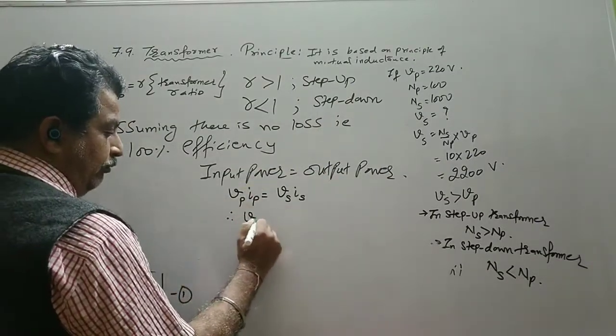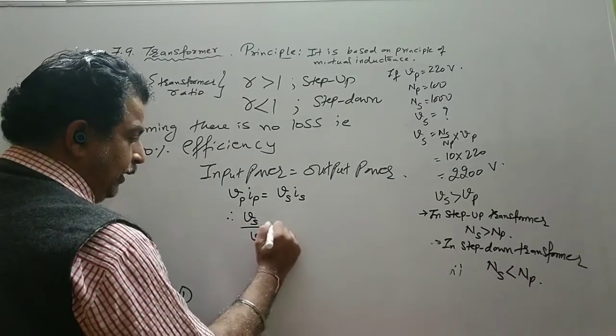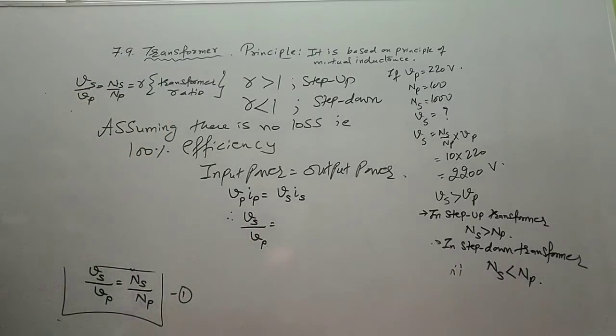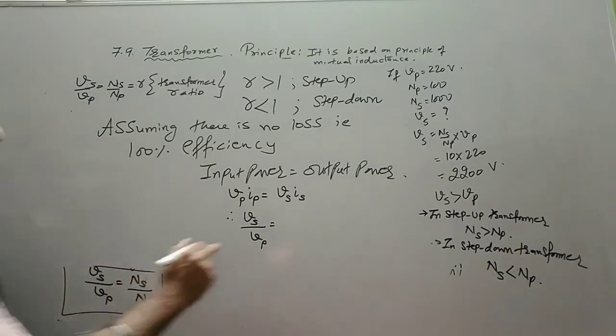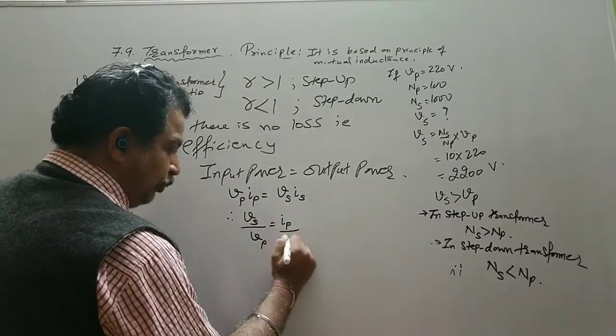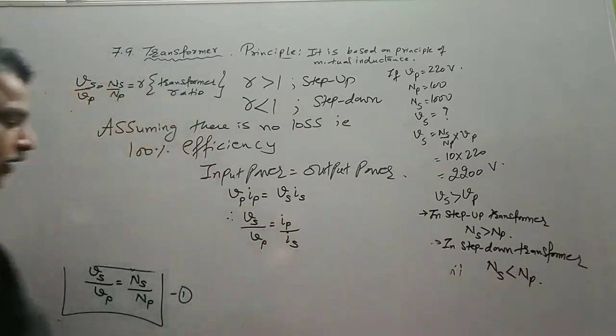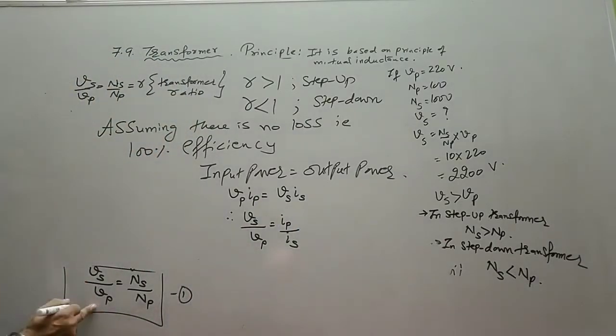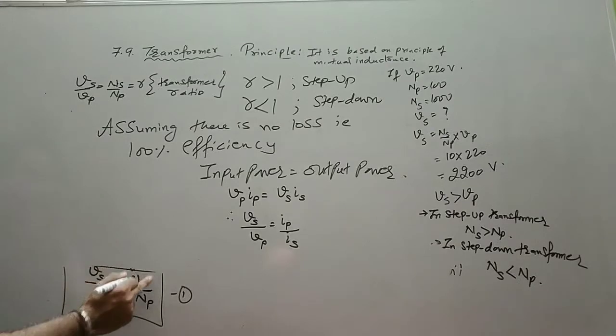Therefore, Vs upon Vp can be written as Ip upon Is. Now Vs upon Vp is equal to Ns upon Np.